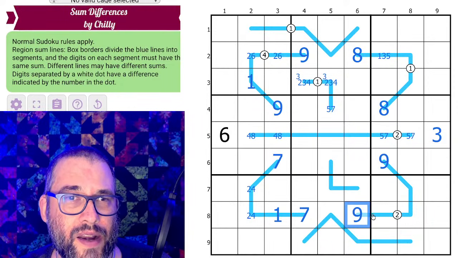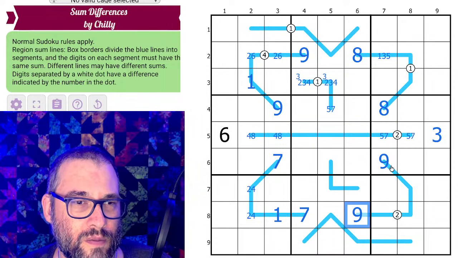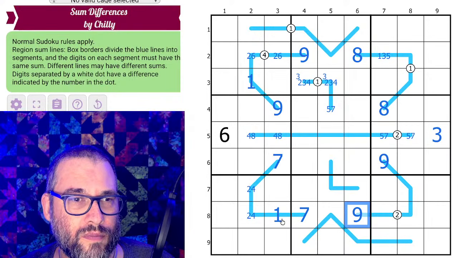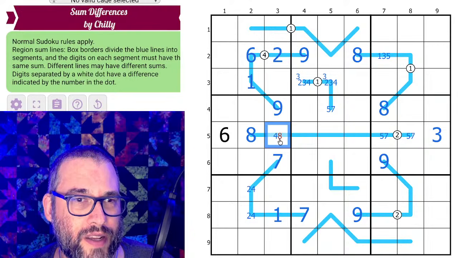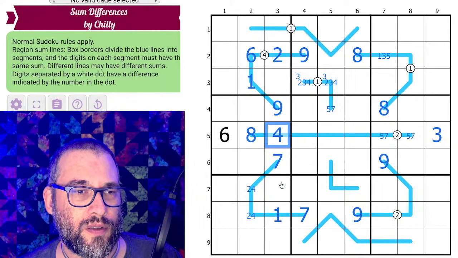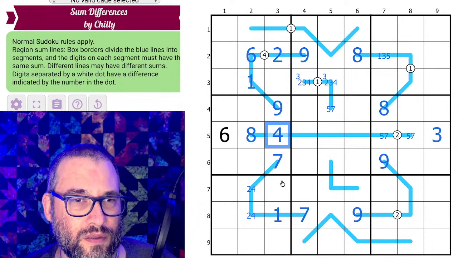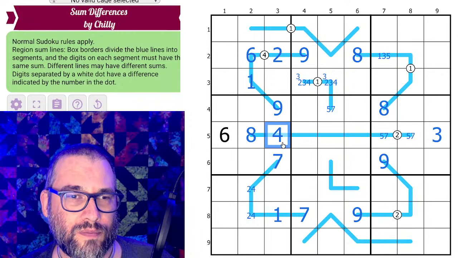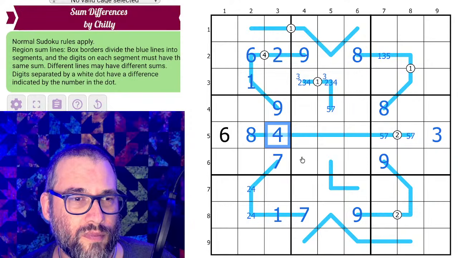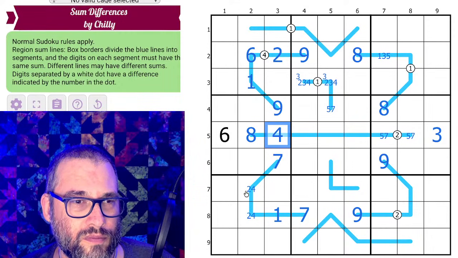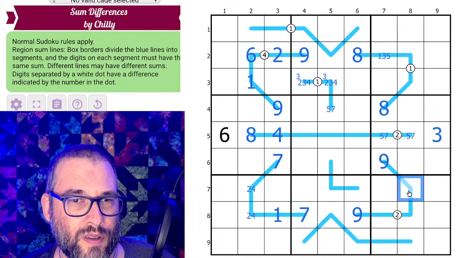So these are 9. 2, 4 looks up, giving us 6 and 2, and 8 and 4. This is odd, I agree.